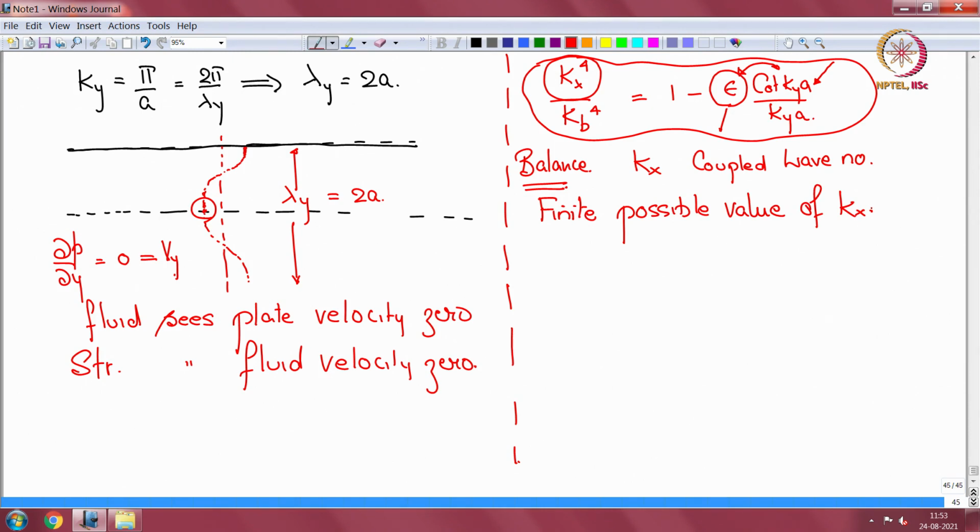In other words, based on epsilon, the degree to which cot kya blows up, that means cot kya exactly does not go to infinity, will not be allowed to go to infinity. Why? Because ky is square root of k square minus kx square. So how close kx will get to ky will depend on epsilon, such that the blowing up is prevented, so that the equation gets balanced and you get a finite possible value of kx.